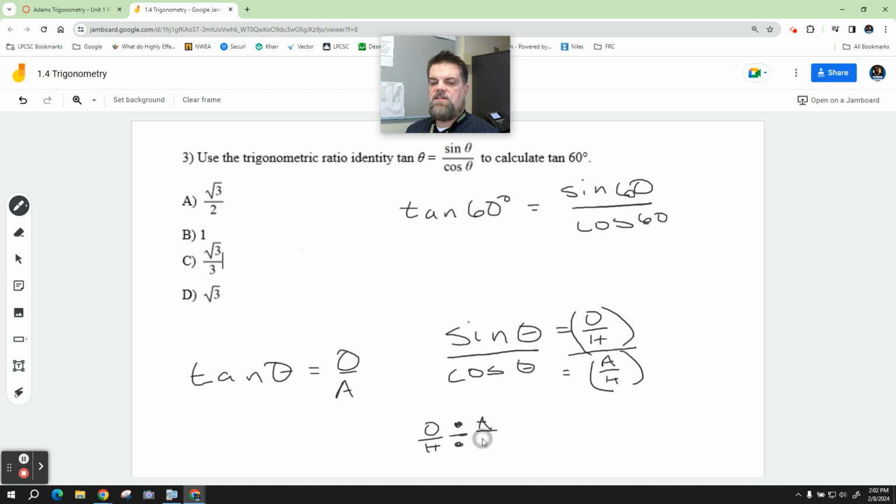The only thing is that the bottom number, remember this O over H, those are two numbers. A over H are two numbers. So I'm really taking a fraction and dividing by a fraction, right? When you divide by a fraction, what do you really do?